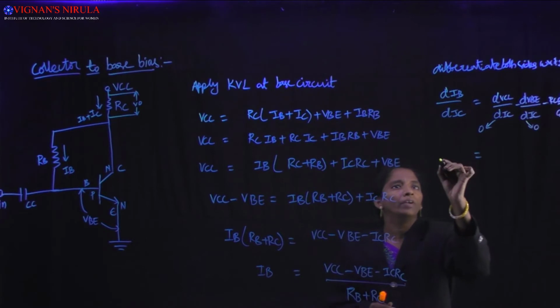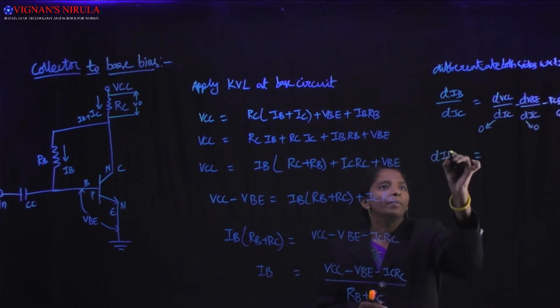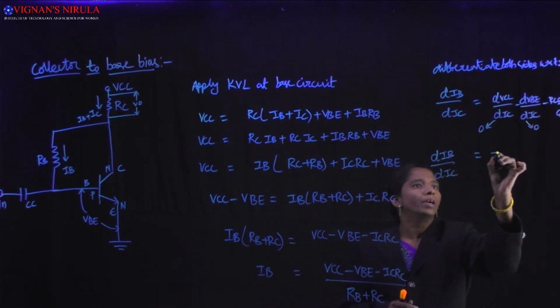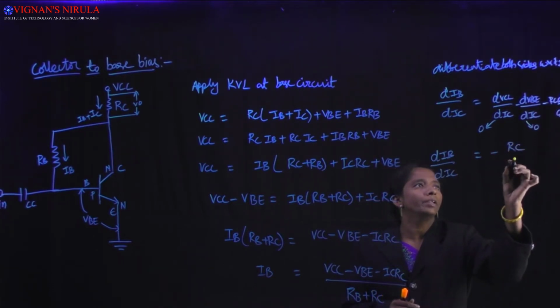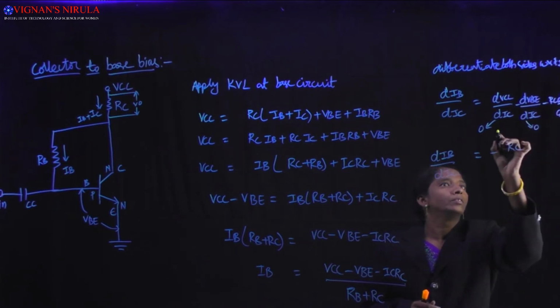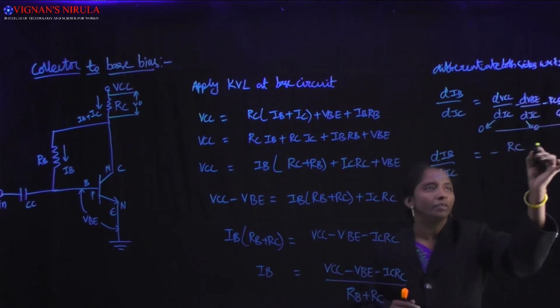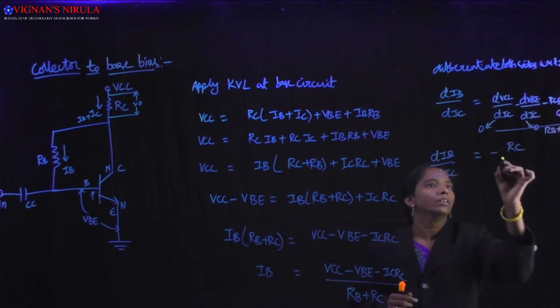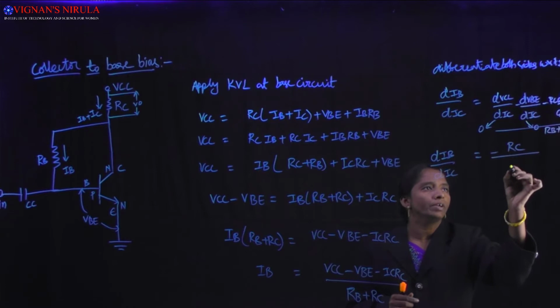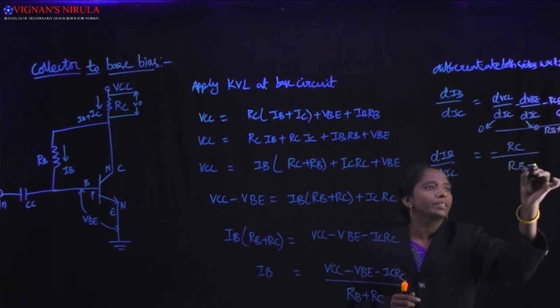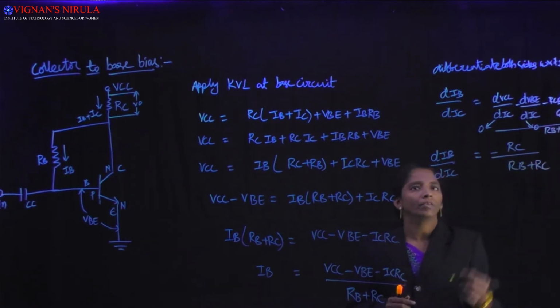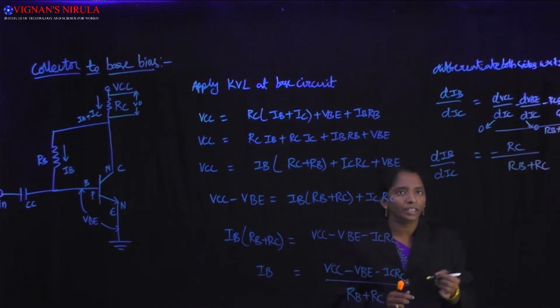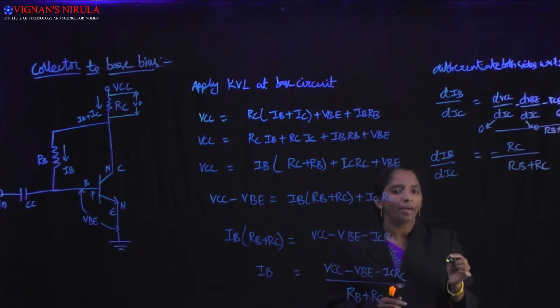We are getting finally dIB by dIC equal to minus RC divided by RB plus RC, from the equation we have.